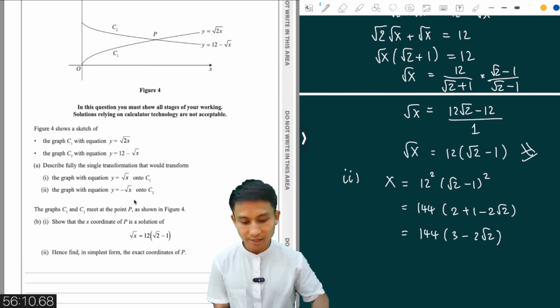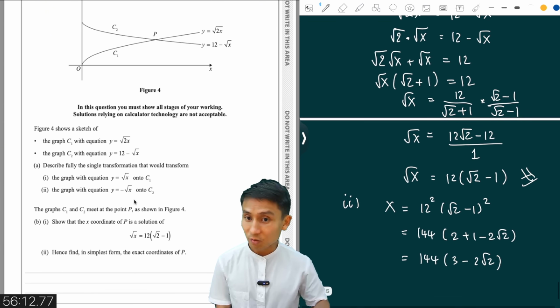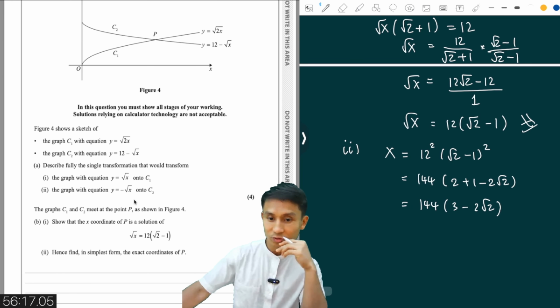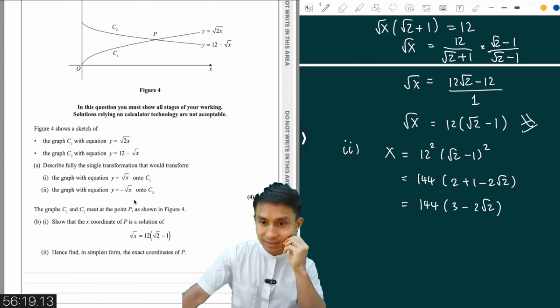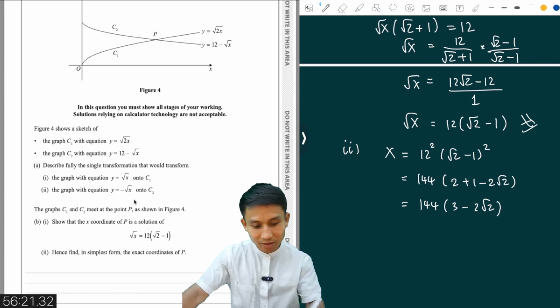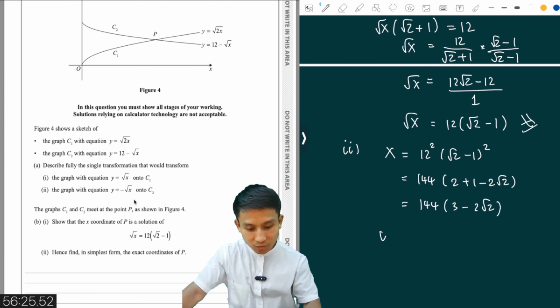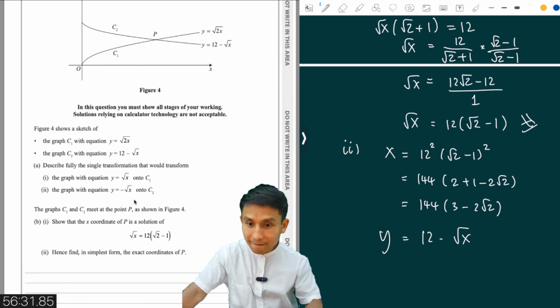So just simplify that. And then we need to find the y coordinate, so let's see, which one should we plug in? If x is that, then we got root x as this one. So y is just 12 minus root x. I'm going to use this because we already know root x is that, right?